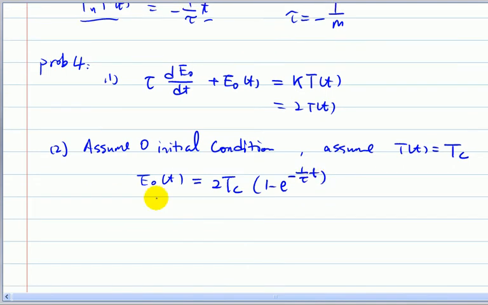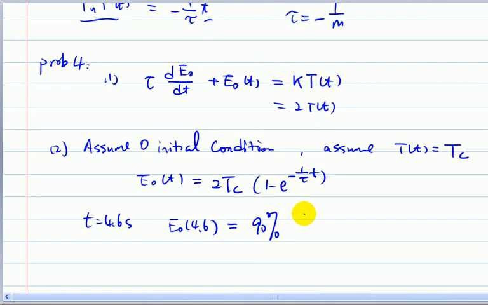So that's the output here. Now, what's given is that at t equal to 4.6 seconds, the output reaches 90% of the step change.